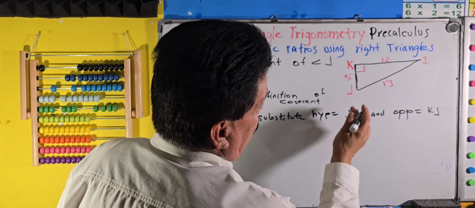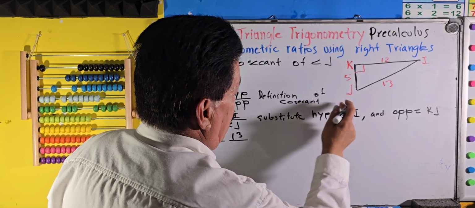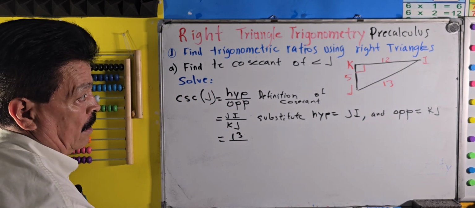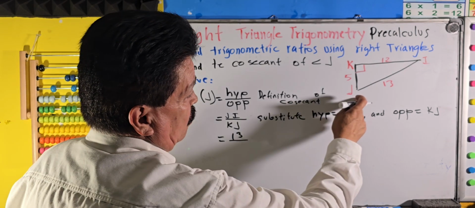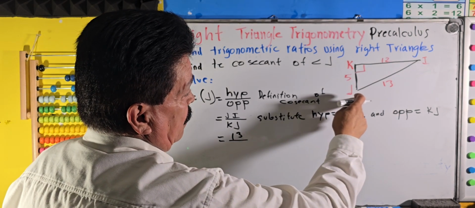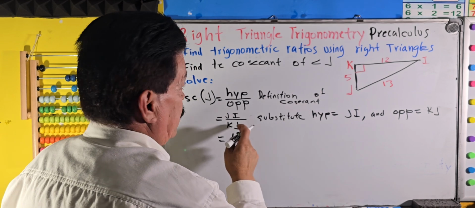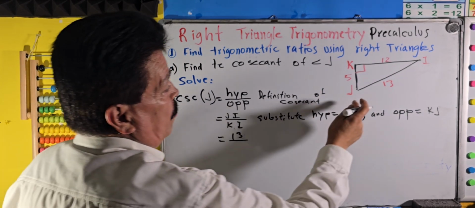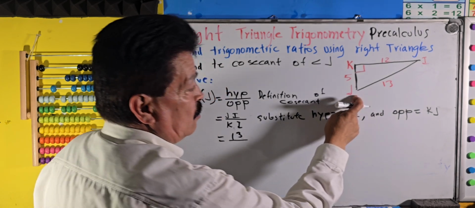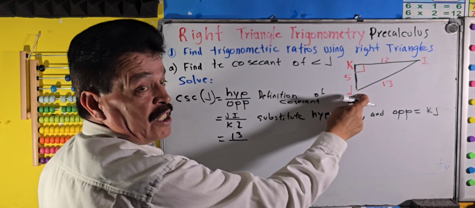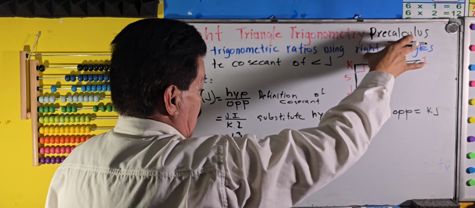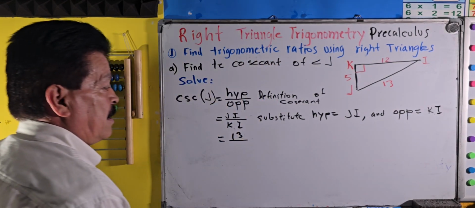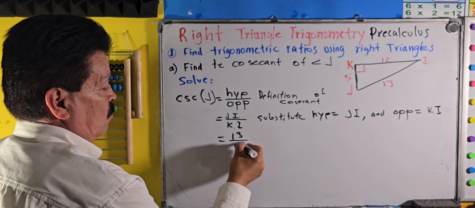So now the opposite, what is it? The opposite side is KI, right? It's opposite to J. We are talking about angle J. What is the opposite side? The opposite side is this one, KI. So this is equal to 12.